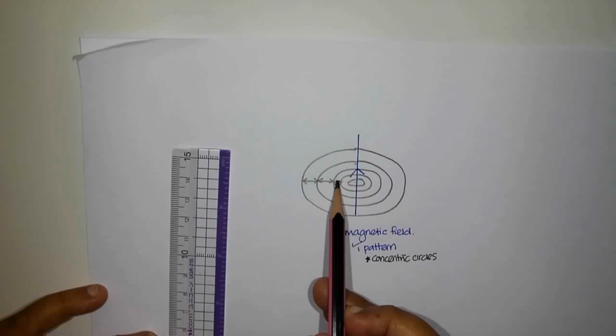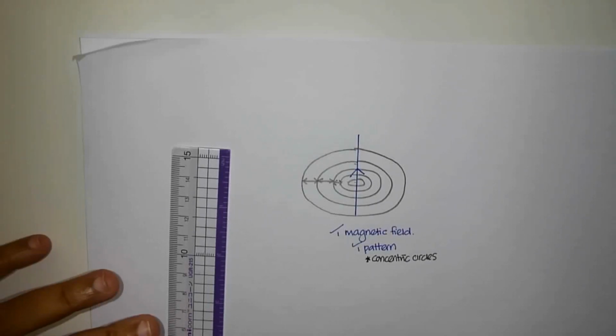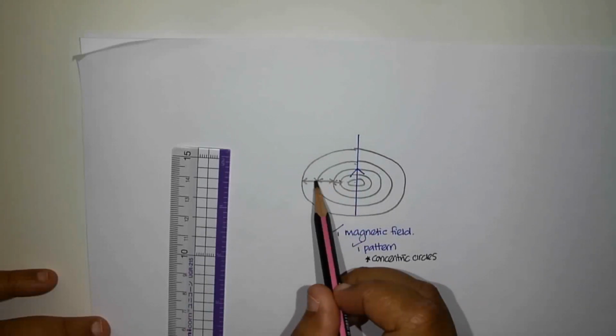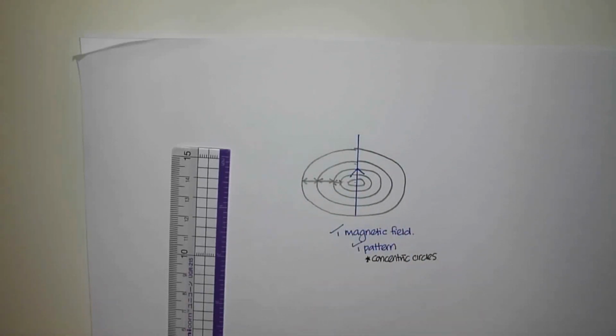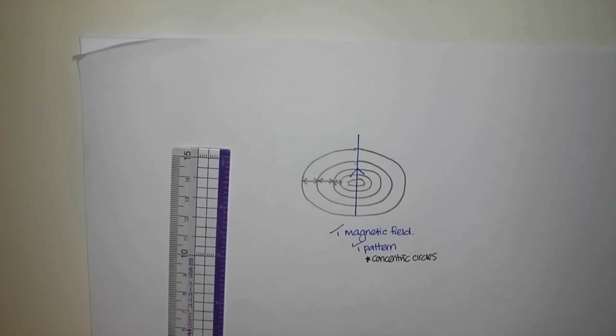So this means that the field is getting weaker as it goes further from the wire. So this is the pattern of the magnetic field around a conductor.